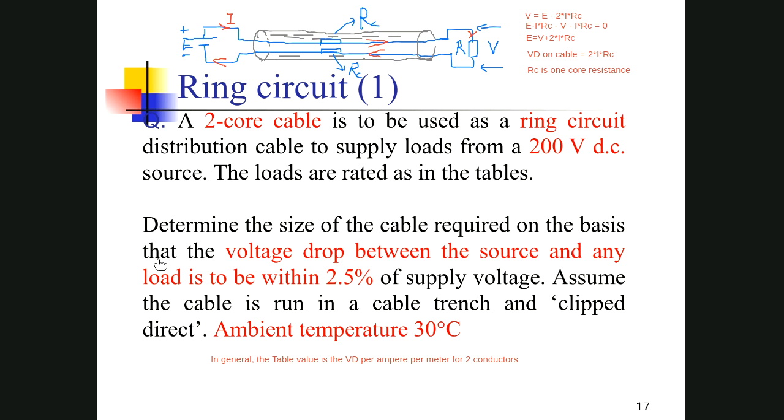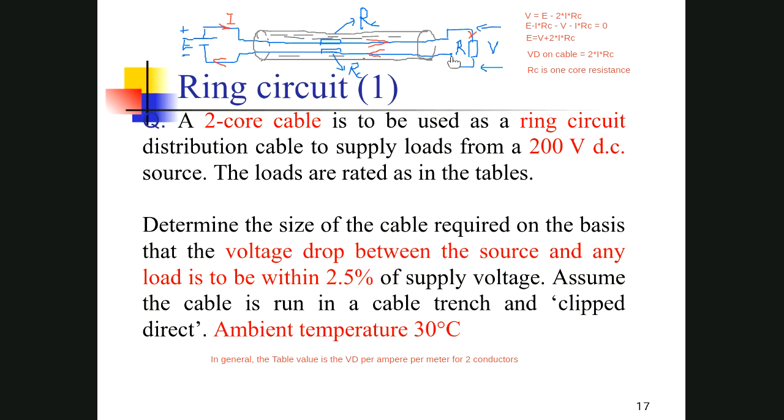Okay. So this is the relationship we're looking at in such a circuit: the source voltage, the cables with one core resistance and another core resistance, current on one core and current on the other core, opposite to each other, and the load.